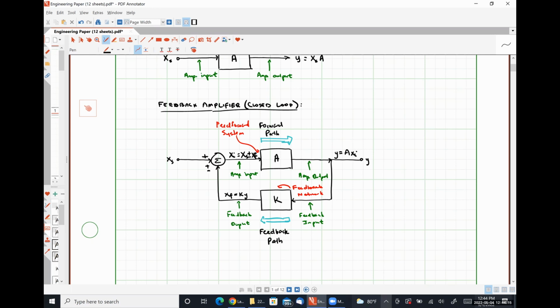So we've talked briefly about our feed forward system and amplifier characterized by its open loop gain A. We've talked briefly about its feedback network characterized by its feedback coefficient K. A couple of other parts of this system that are pretty important is this node point right here, which I'm going to refer to as our sense mechanism.